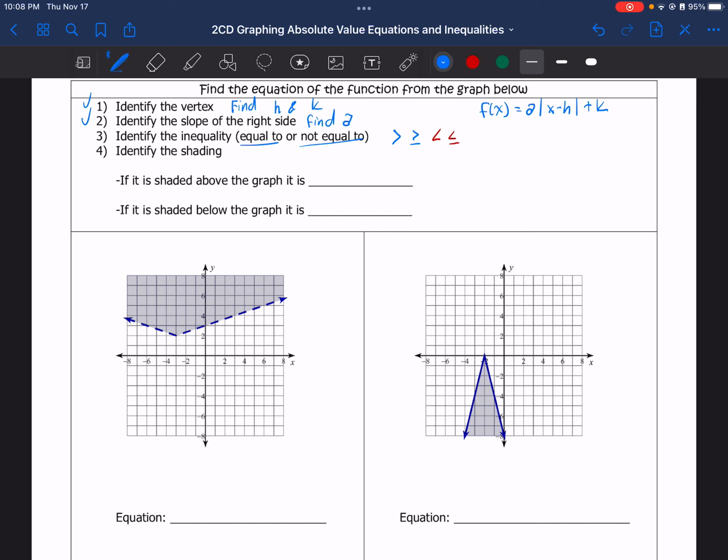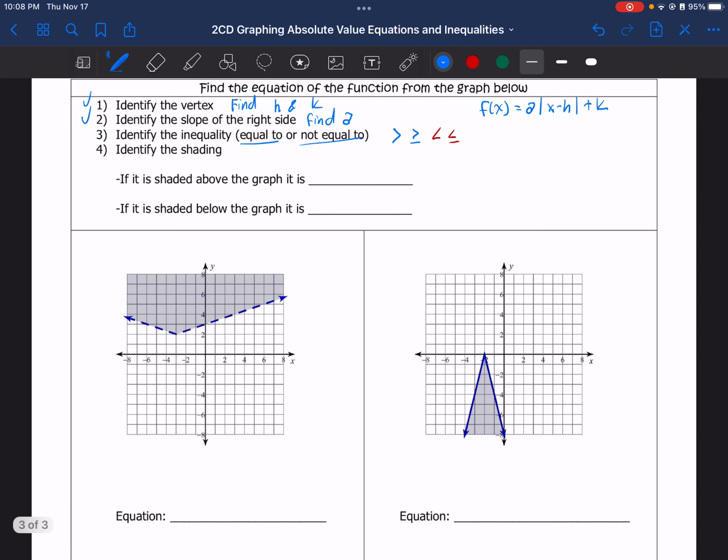And once you find our inequality, you want to figure out how it's shaded, right? If the graph is shaded above, then we definitely know it's going to be a greater than or equal to. If the graph is shaded below, then we definitely know it's going to be less than or equal to. So you want to identify the inequality, equal to or not equal to.